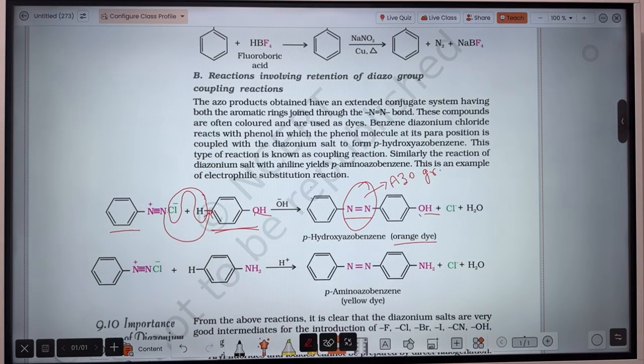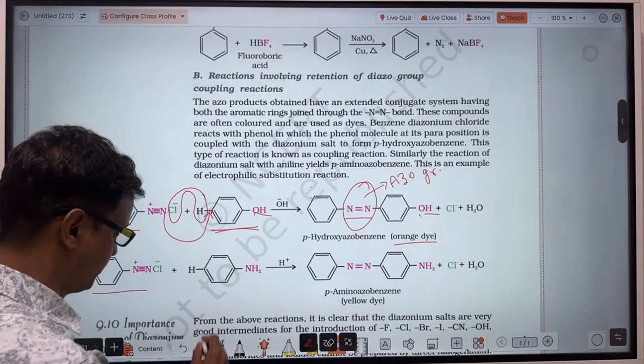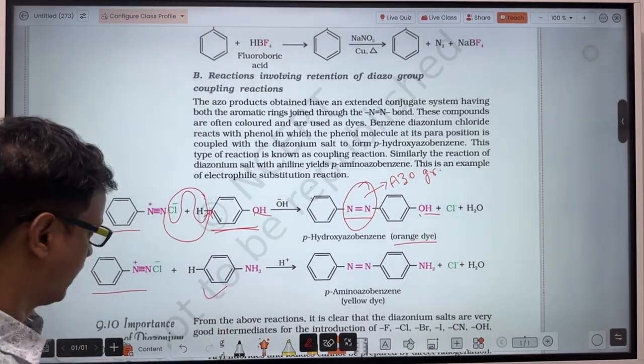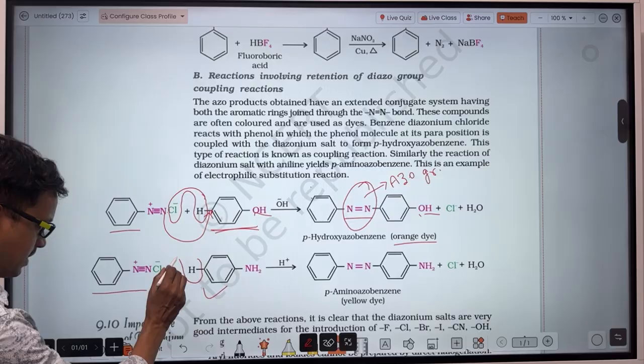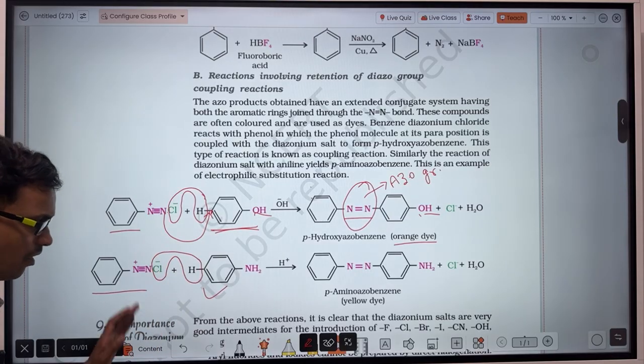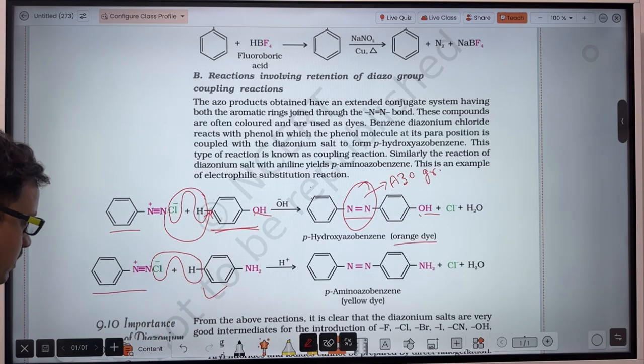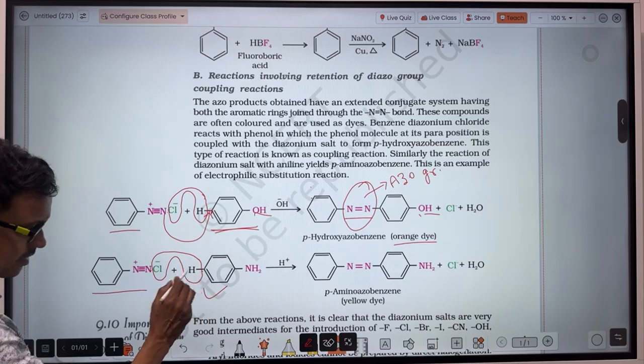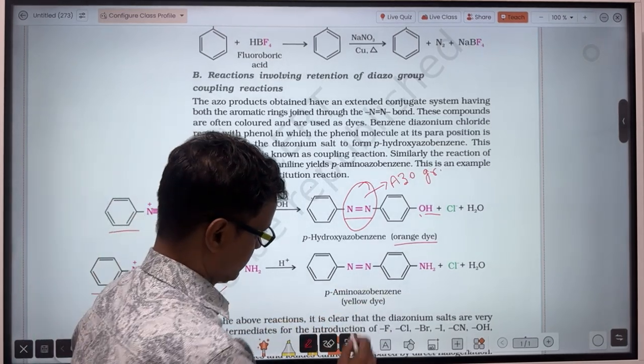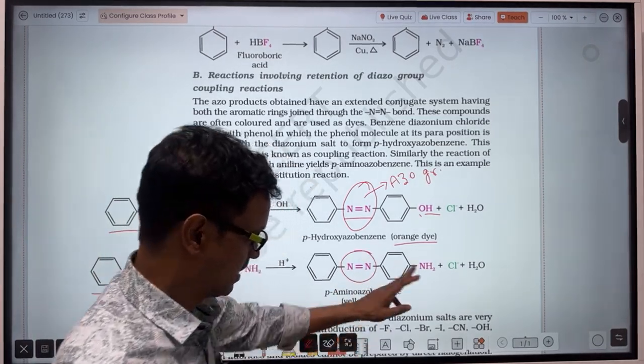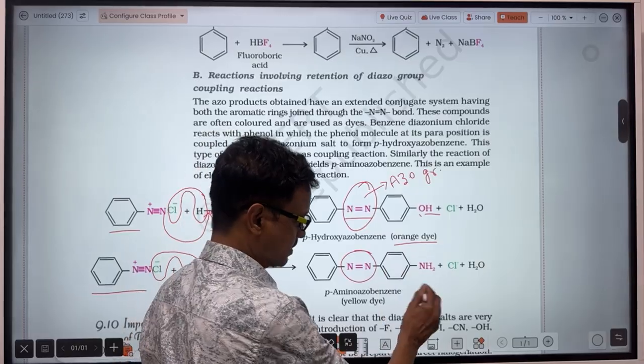In the same way, when benzene diazonium chloride reacts with aniline, the hydrogen at the para position will react with chlorine to form HCl, and this nitrogen will combine with this carbon. So here, the same azo group, and on this side there is NH2.